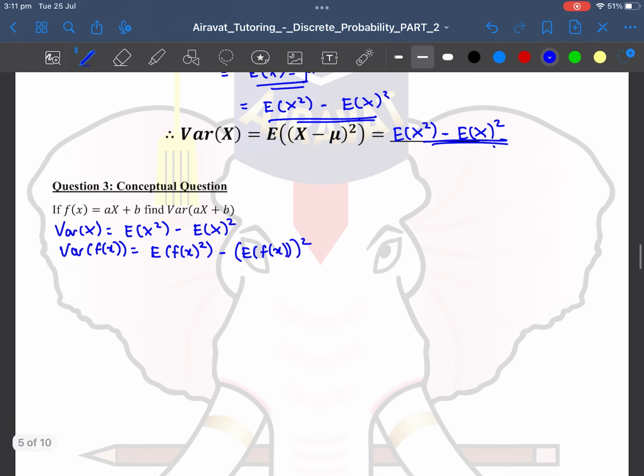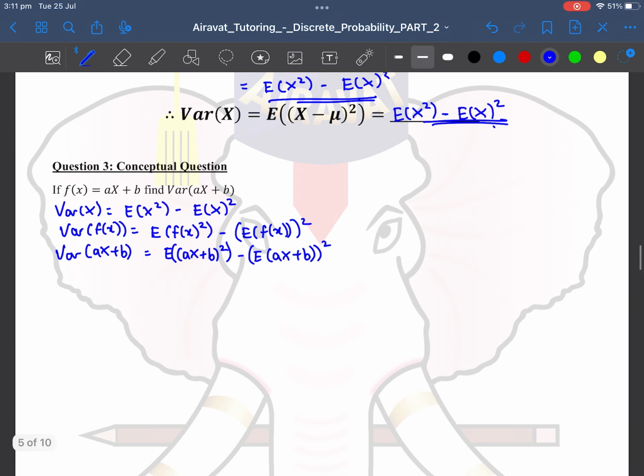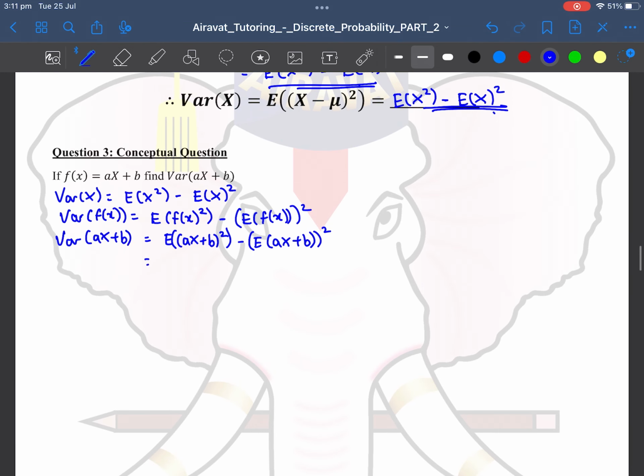All I did was just substitute f of X. Now I'm going to again write this in terms of a and b. So for aX plus b, it equals E of aX plus b whole squared minus E of aX plus b whole squared. Okay, again we can simplify this further.